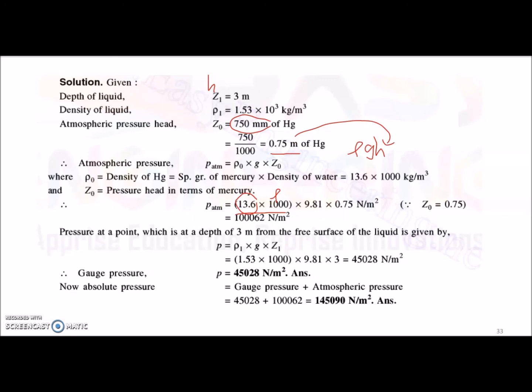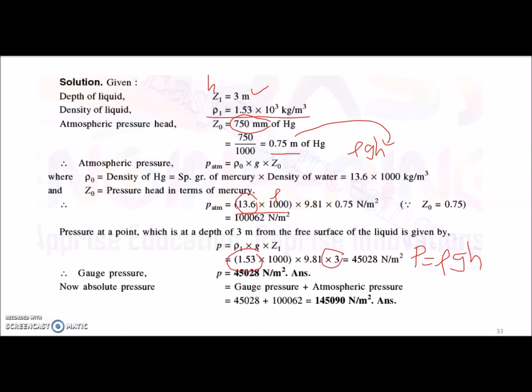After we get the atmospheric pressure, we need to find the fluid pressure or gauge pressure using the same formula, rho g h. The density used is the given density, and the H is 3.